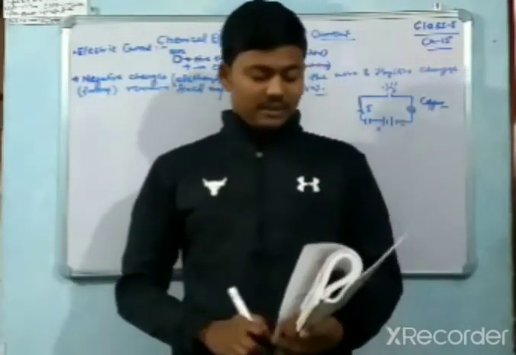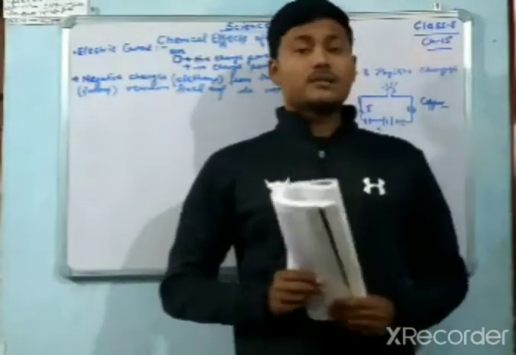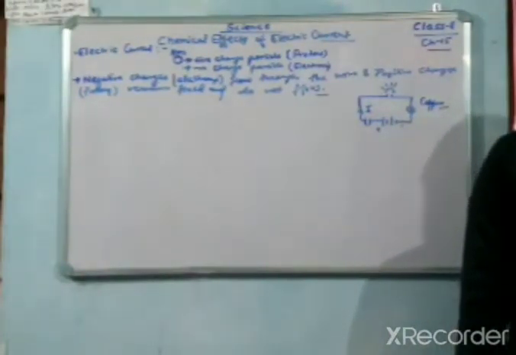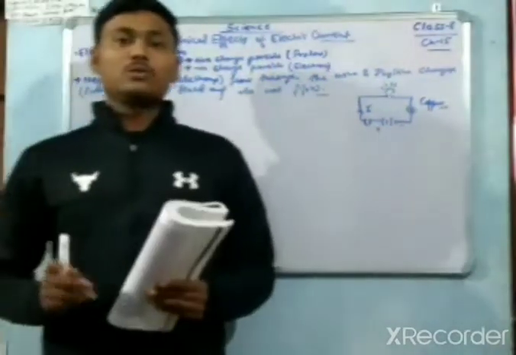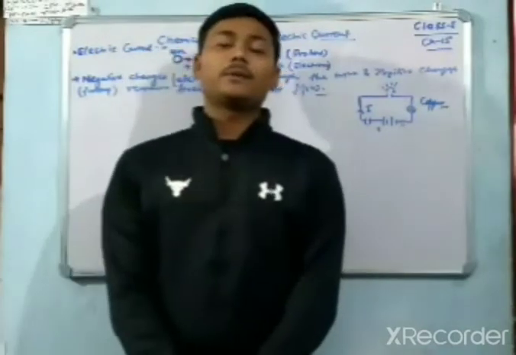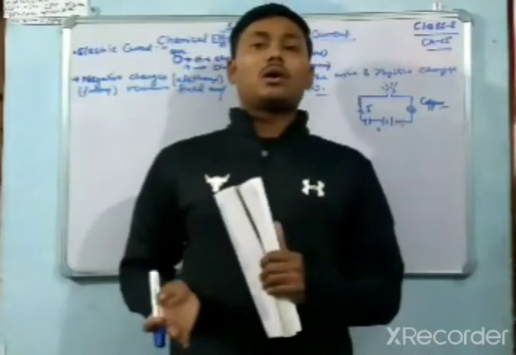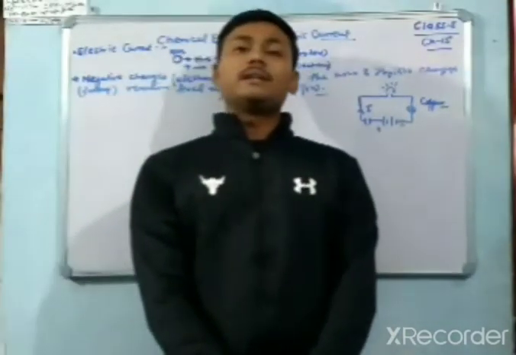Don't worry about it, I will tell you later. Switch plays an important role: by the switch we turn electric appliances off and on. So within a circuit there is a need for a switch, which turns off or turns on the flow of electric current.